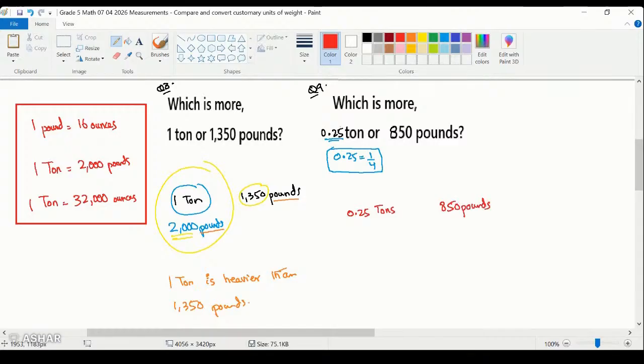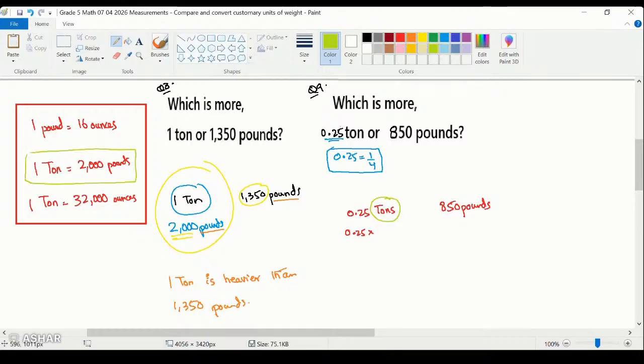Okay. For the conversion between tons and pounds, in place of tons, we can write 0.25 into how many pounds were there in 1 ton?